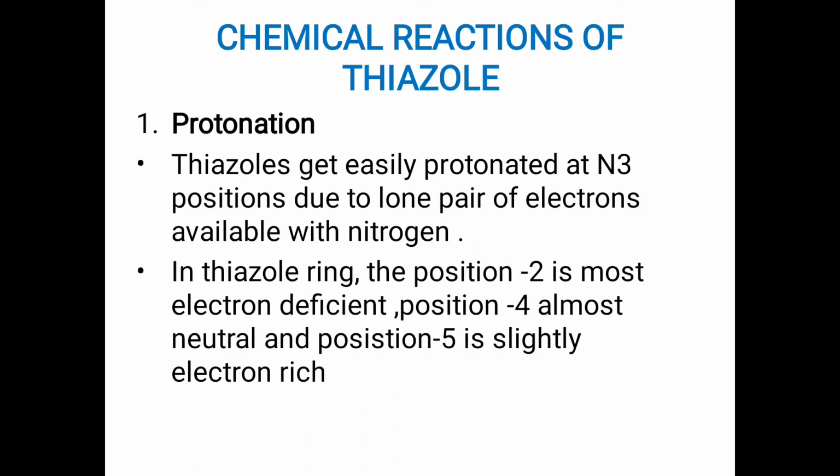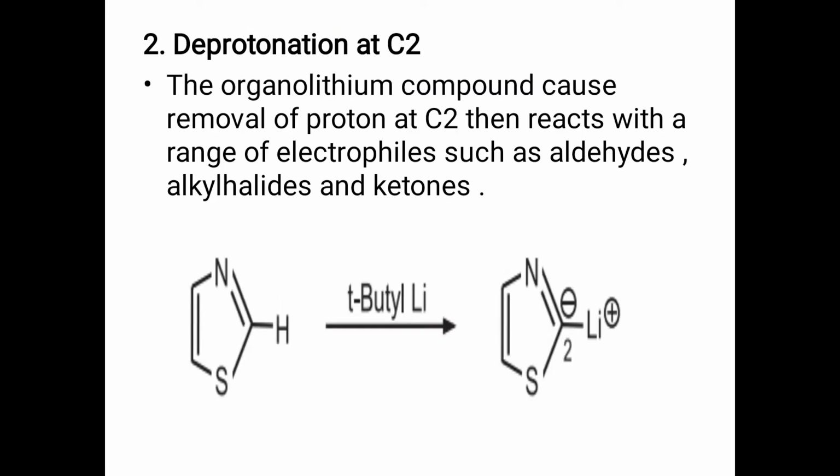Then is the chemical reactions of thiazole, which include first protonation. Thiazole gets easily protonated at the N3 position due to the lone pair of electrons available on nitrogen. In the thiazole ring, position 2 is the most electron deficient position, 4 is almost neutral and position 5 is slightly electron rich. Then is the deprotonation at C2.